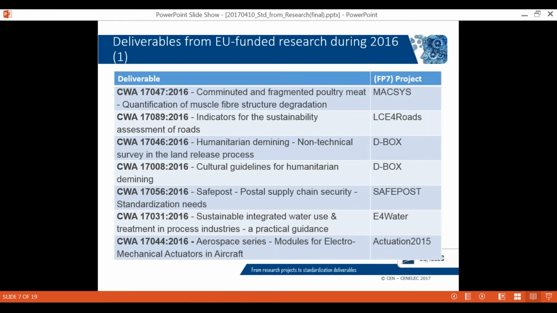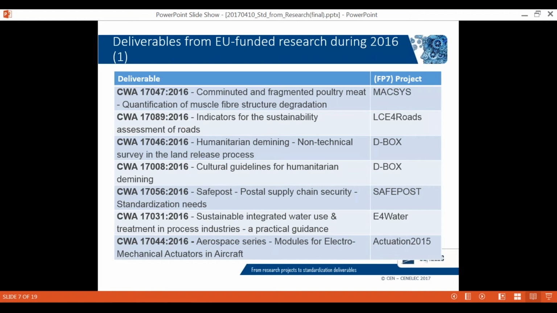You may ask, why so many CWAs compared to TC deliverables? And surely CWAs are an attractive deliverable because they do not require the same level of consensus as our TC-generated deliverables. But there is also a second reason. For CWAs, we know from their project plan that they are originating from a research project.